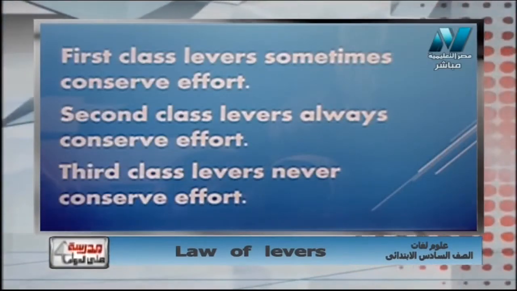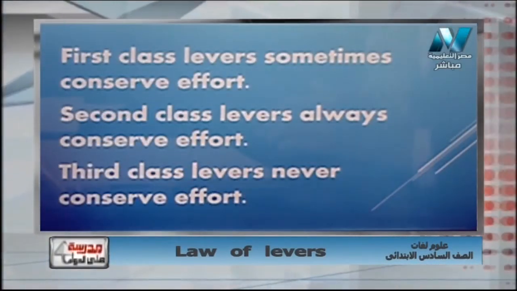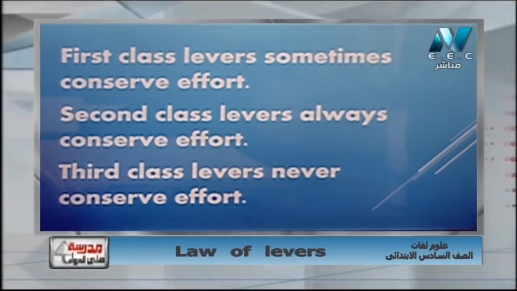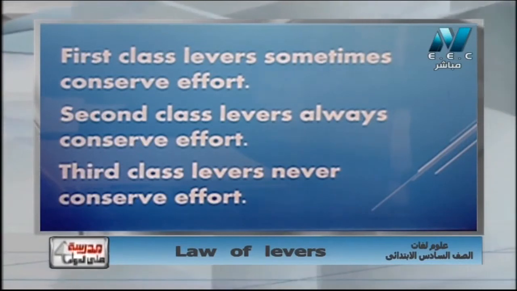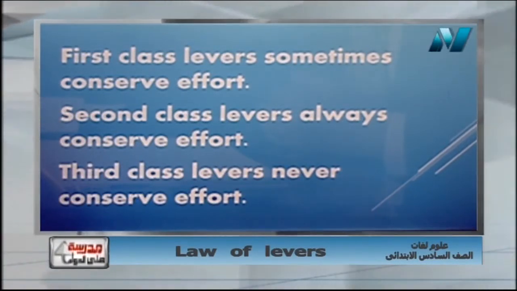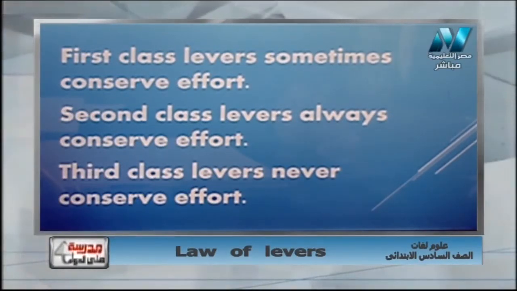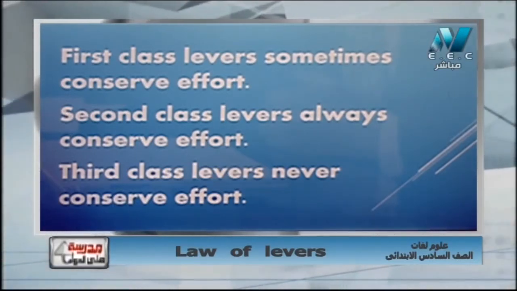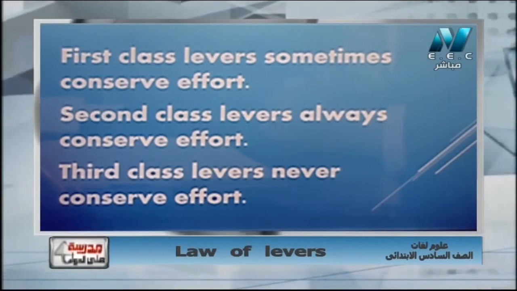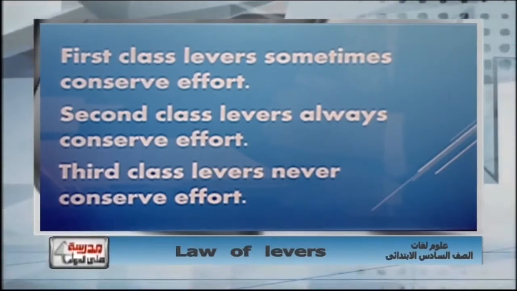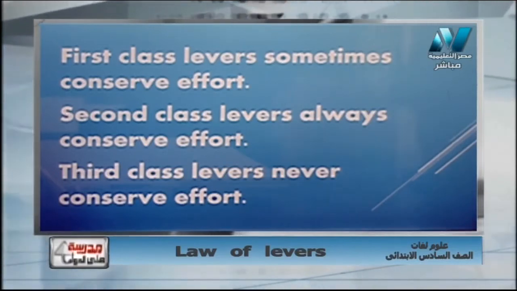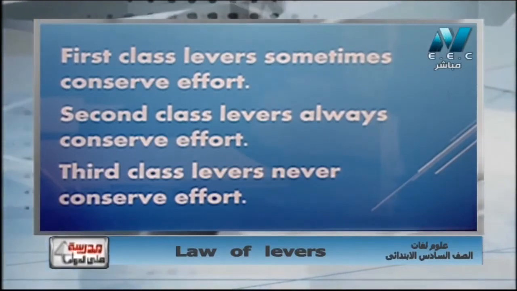So first class levers sometimes conserve effort. Why? Because sometimes in first class lever the effort force arm is longer than resistance arm. Second class lever always conserves effort. Give reason. Because effort force arm is always longer than resistance arm in second class lever.